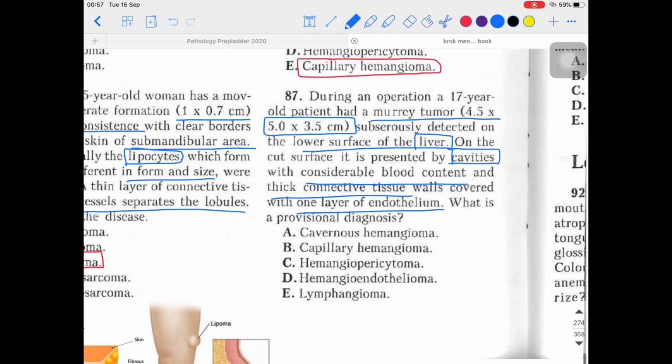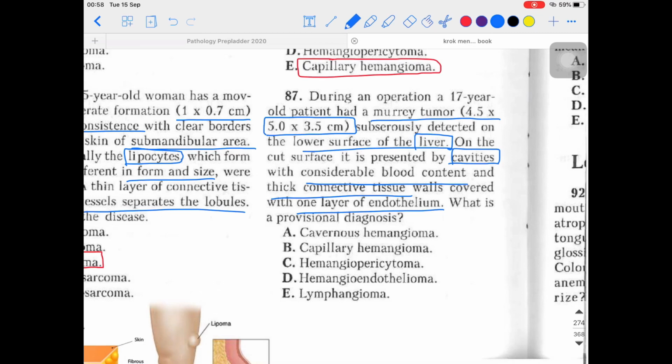Cavernous hemangioma most frequently occurs in the liver, skin, bones, muscles, and GI tract. The most frequent location I want you to remember is the liver, and it can also be the brain. So you should remember the liver for cavernous hemangioma. First of all, they mentioned in the question itself that they are talking about the liver.